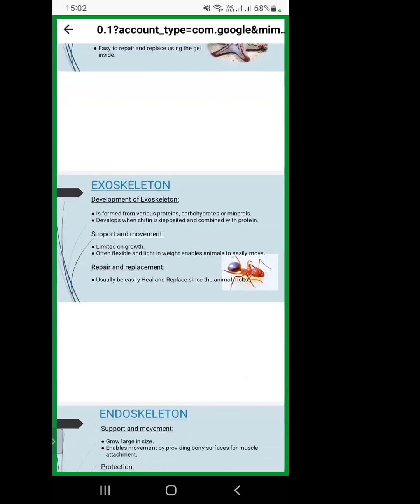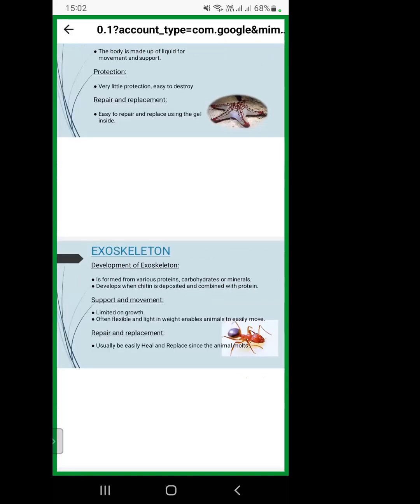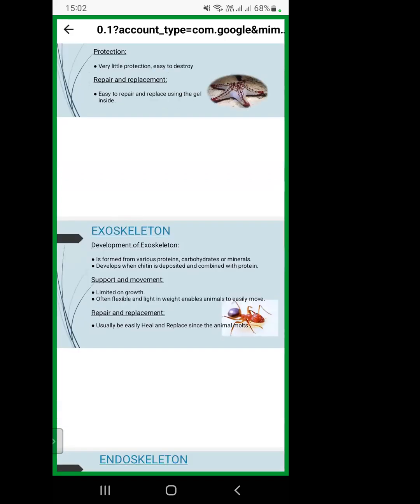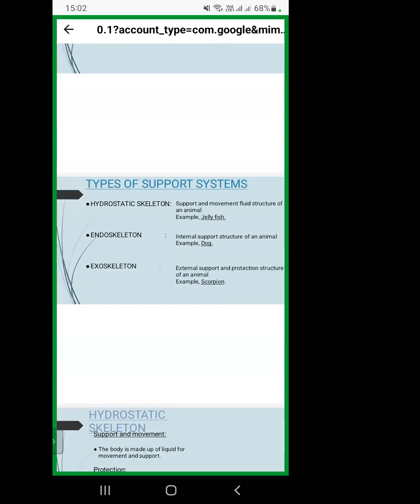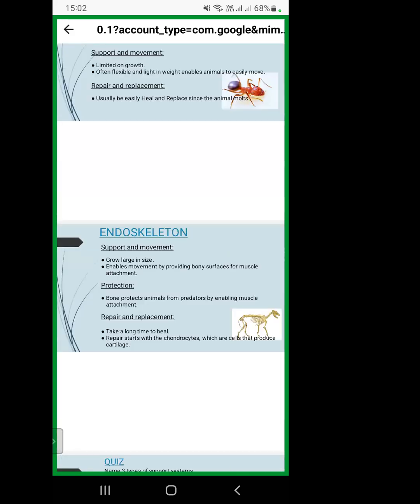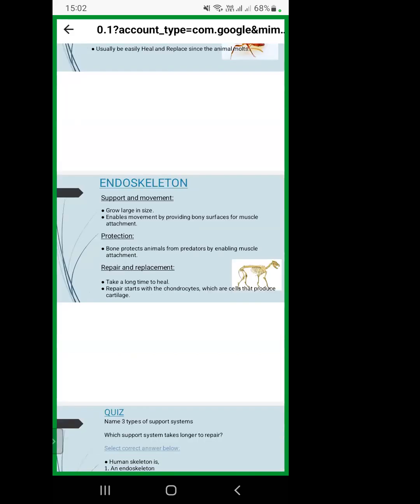But it is very important for us as grade 10 learners to understand the three different support systems and how they actually work before we can actually go and move a bit further.